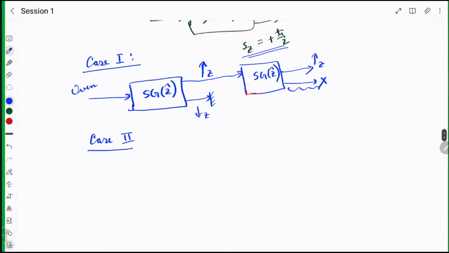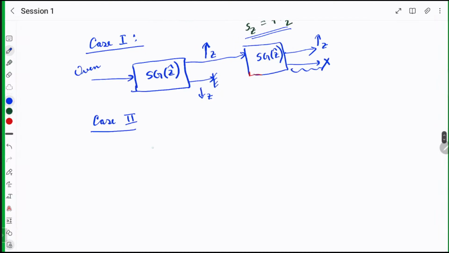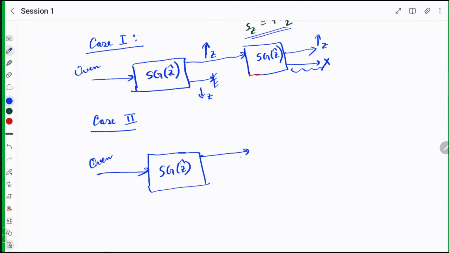Now, the first one is still the same. We are taking the Stern-Gerlach along the z direction only, taking the silver atoms from the oven, and blocking the down z ones as we had done before, allowing the up z ones to go through.